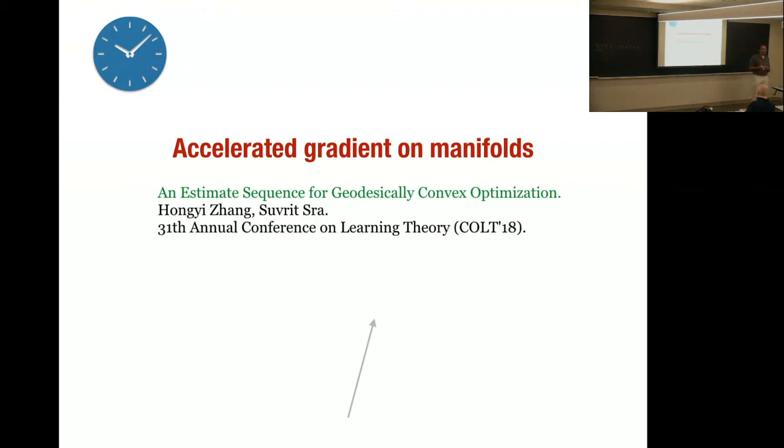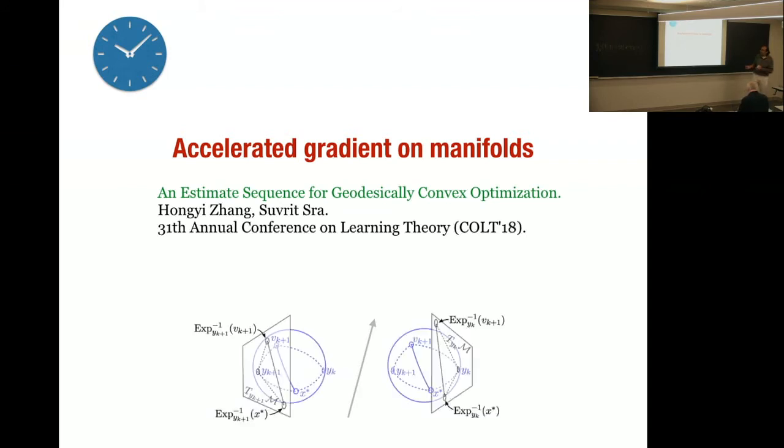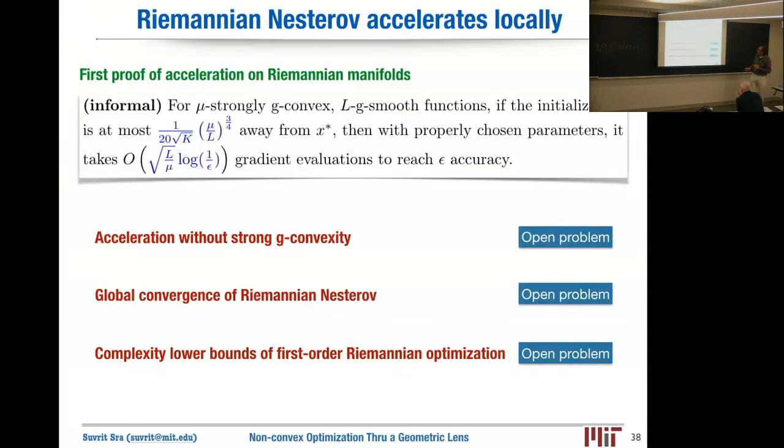A much more dramatic question is to develop lower bounds on how fast we can optimize based on curvature. There are some bounds where curvature pops up, but is that the right dependence? How does curvature truly affect optimization? What is the lower bound depending on curvature?